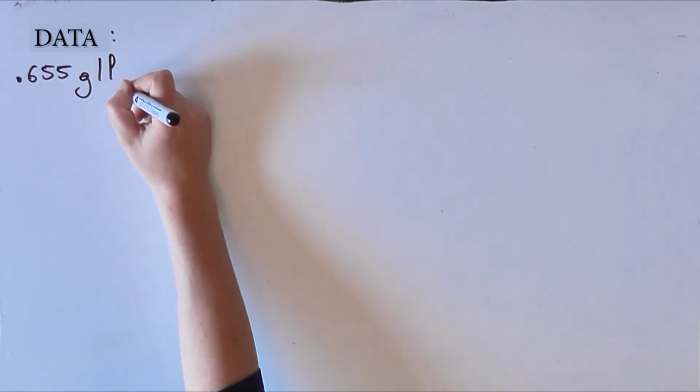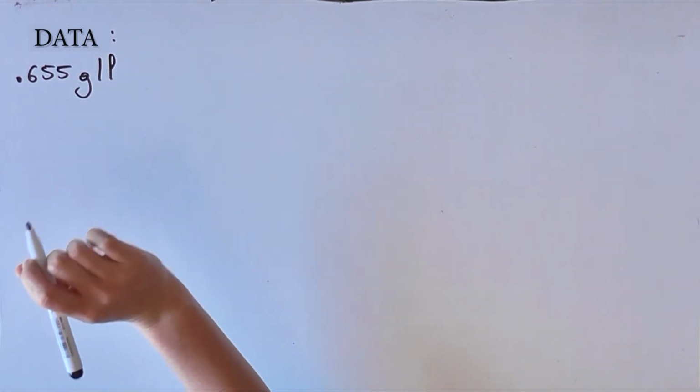So unlike the previous problem, this time I have liters as the unit and not milliliters. So pay attention to the units of measurement. Please note that this time it is also not a percentage, so we don't have to multiply it by 100. So pay attention also to this.